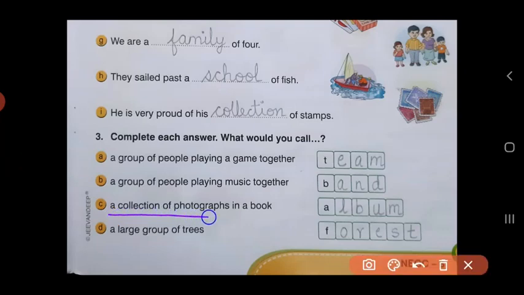A collection of photographs in a book. You have photographs placed very nicely in a book. All your old photographs which you remove and watch sometimes. What is that book called? Album. A-L-B-U-M, album.